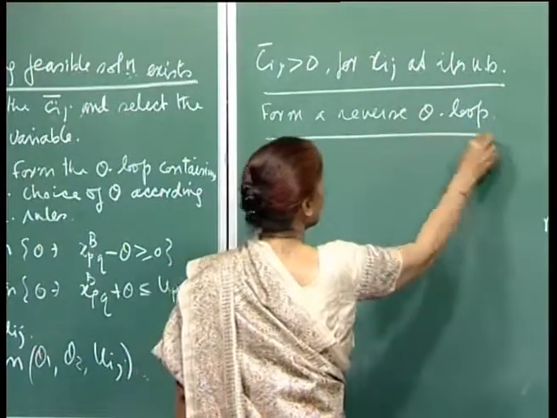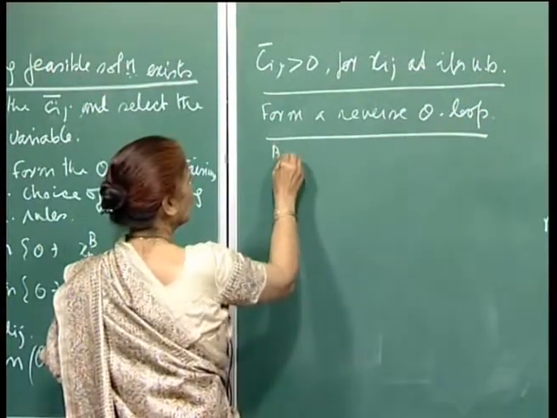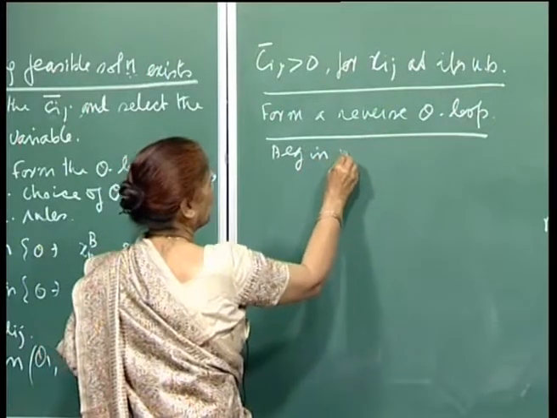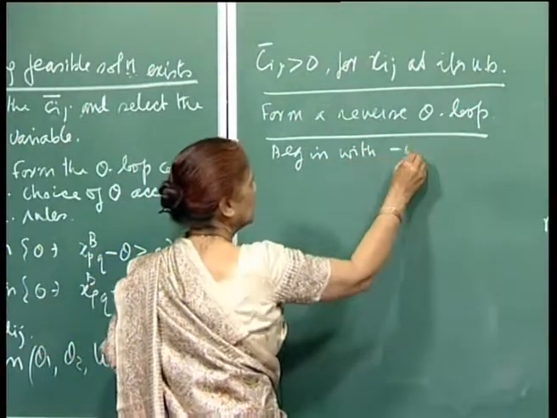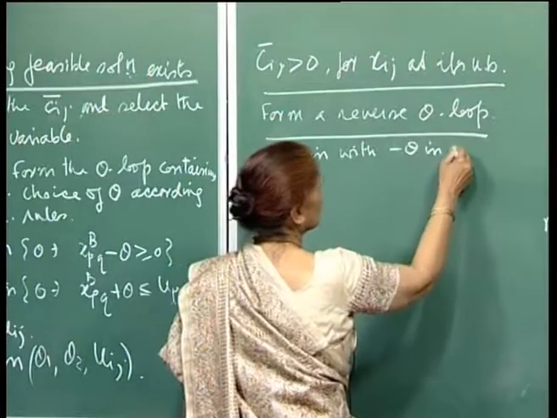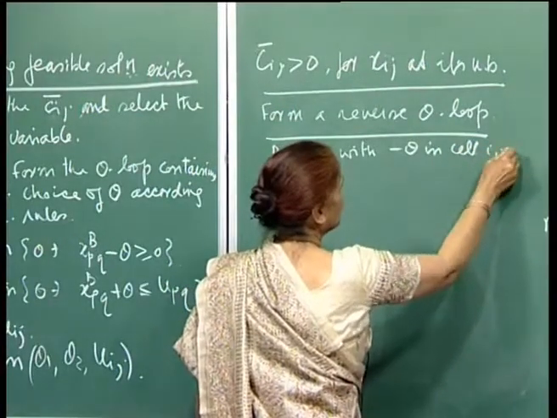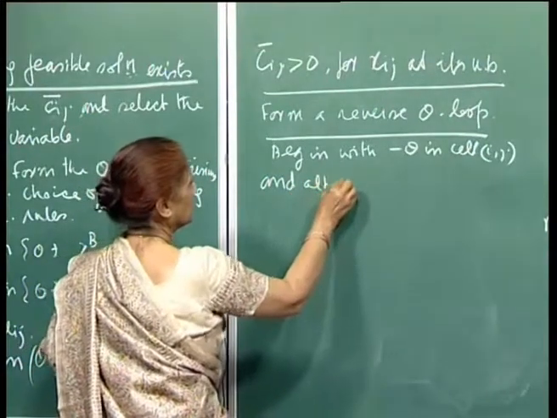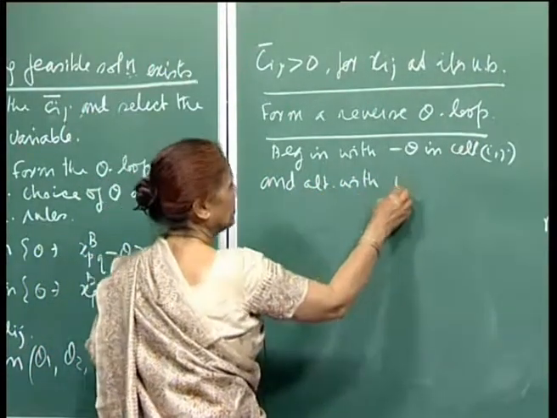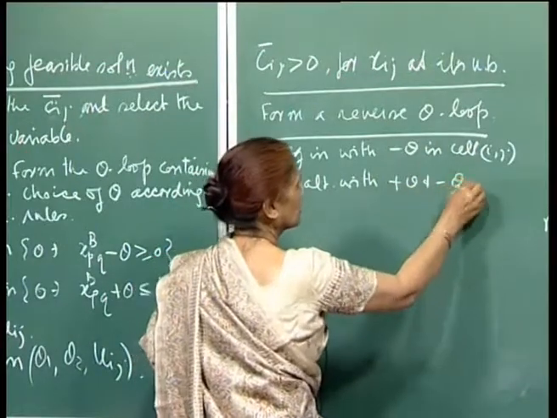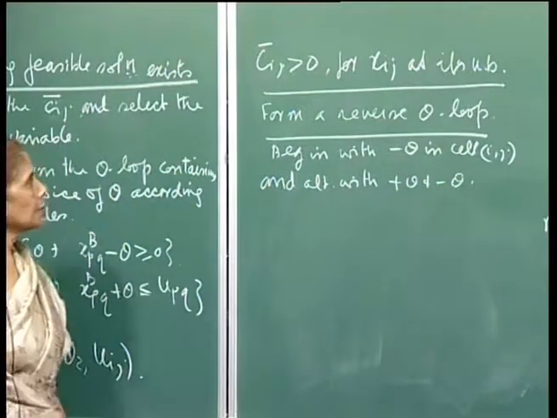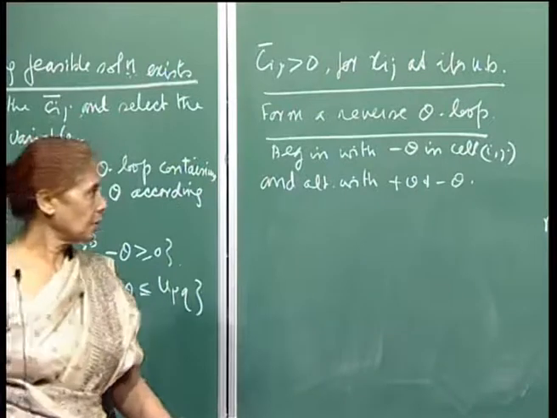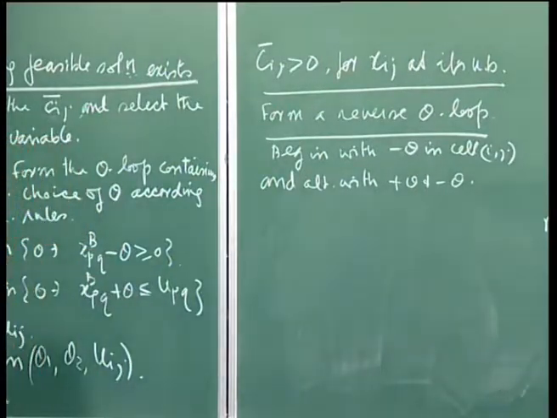Right, which means that you begin with minus theta in cell ij and alternate with plus theta and minus theta in the loop, right. So, you form a reverse theta loop, that is all you have to take care of, and then again it is exactly the same.